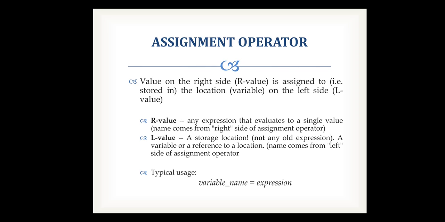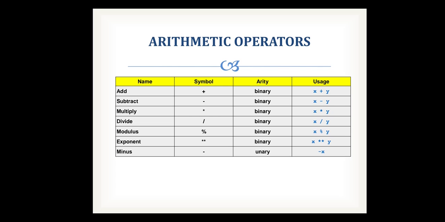Next, L value is a storage location, not just any expression, a variable or a reference to a location. The name comes from the left side of the assignment operator. Typically it is used like variable name is equal to expression. So equal to is an assignment operator. Next is arithmetic operator.